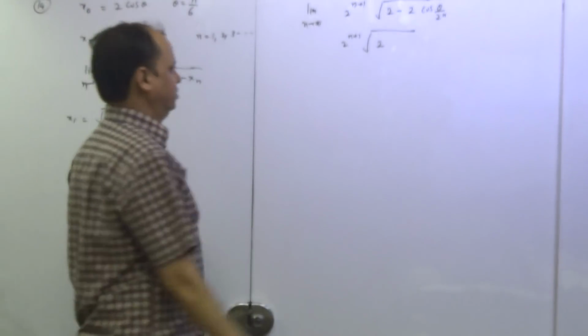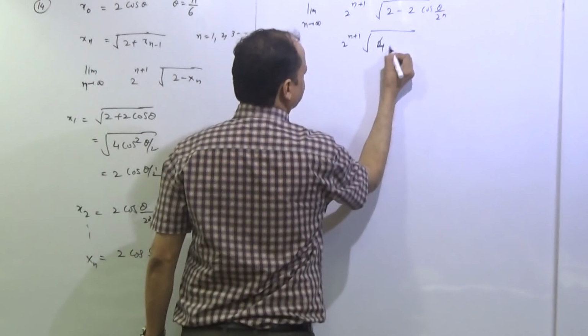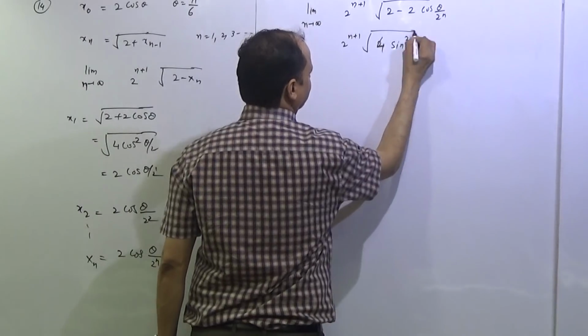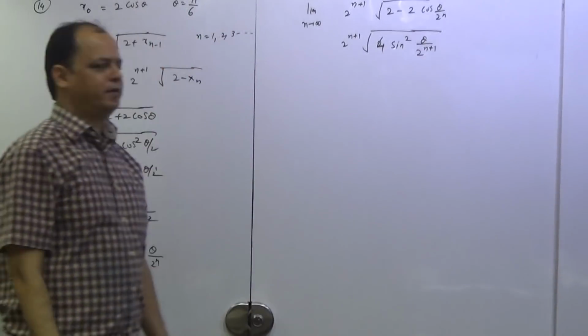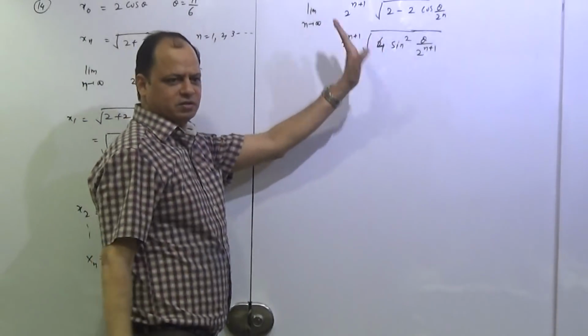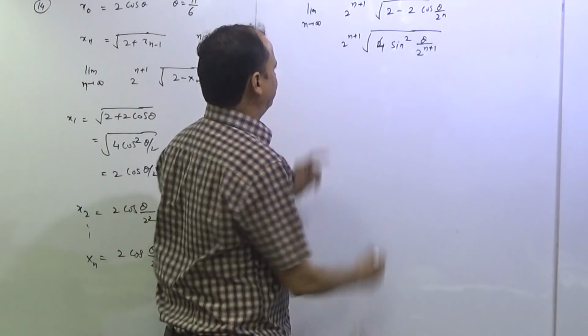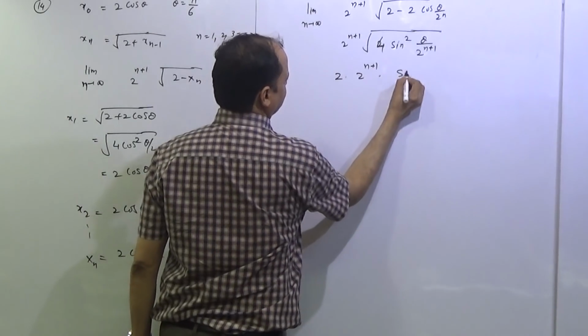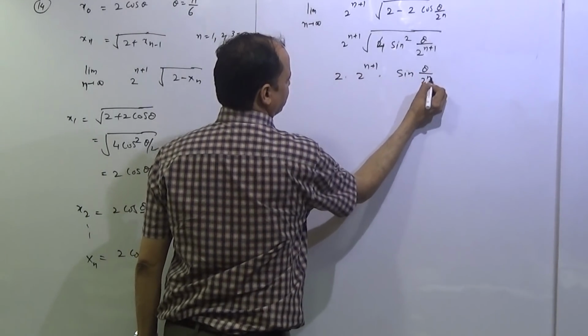That is 4 sin square theta by 2 raised to power n plus 1. Isn't it? Again I'll take the mod, the positive sign will come out and this will become 2 times 2 raised to power n plus 1 into sine of theta by 2 raised to power n plus 1.